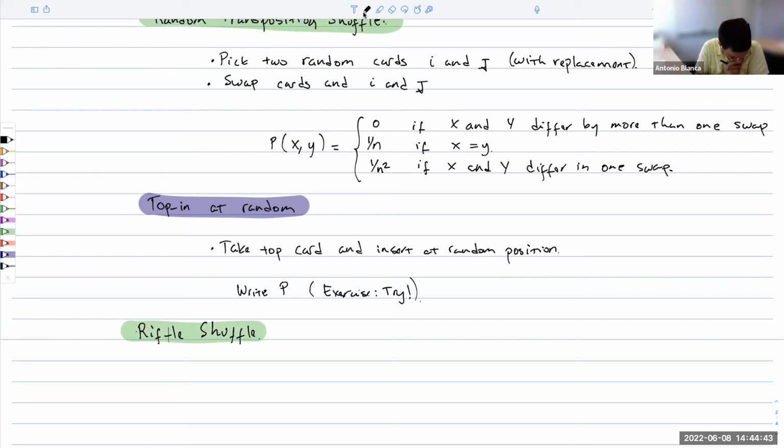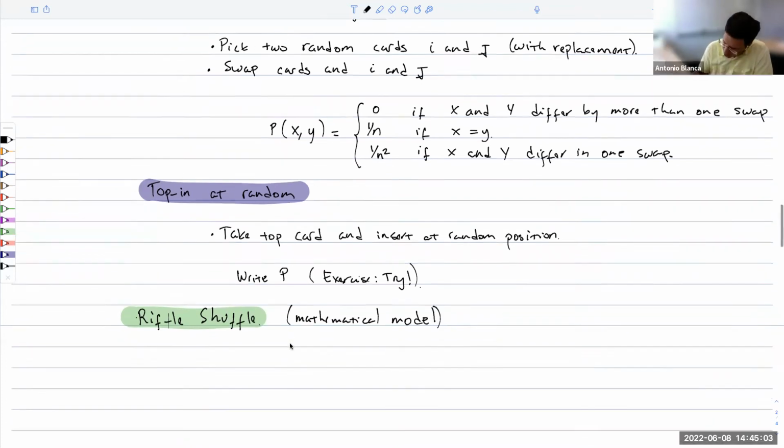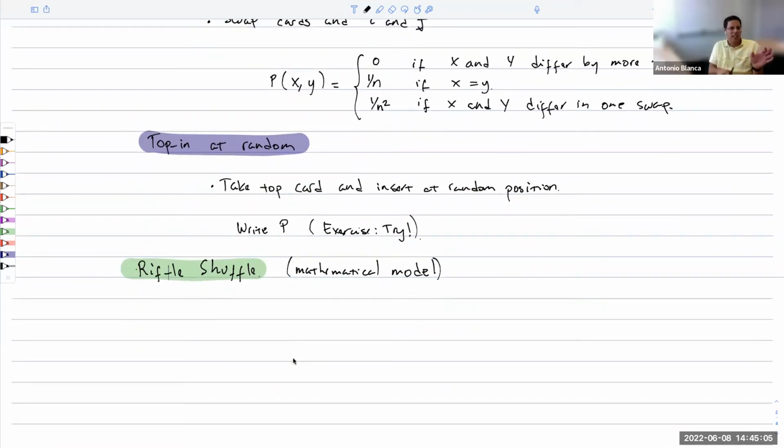And there is a mathematical model for this type of shuffling. Of course, we need to model this. So what we're going to do is split the deck. When you try to split the deck in half, you don't count the cards.